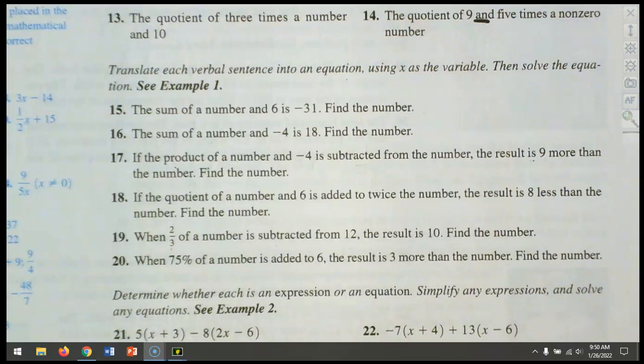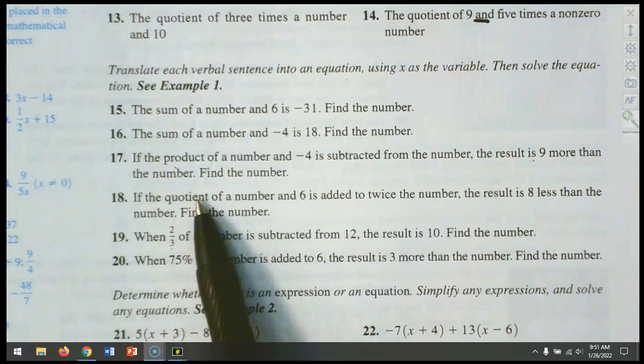So we need to make sure we understand what these words mean in terms of a symbol. Question 18. We'll read it, and then we'll go back through and pick out what each piece means and write our equation from there. I always like to read it through once. Then we'll go back and we'll look at it piece for piece.